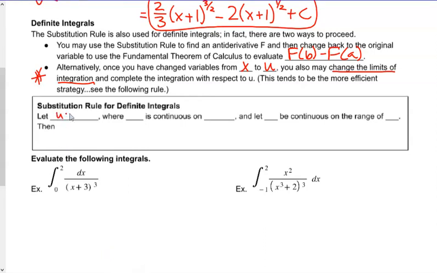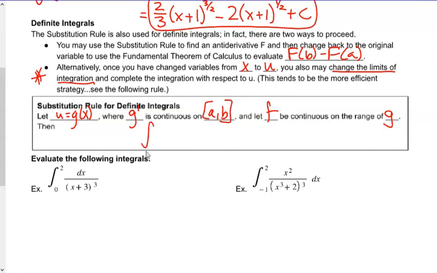So by definition here, let u of x equal g of x, which is the innermost function of your composition, where g prime is continuous on [a, b], and let f be a continuous function on the range of g.